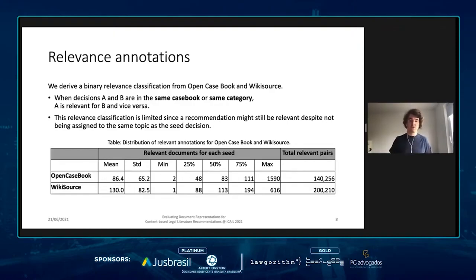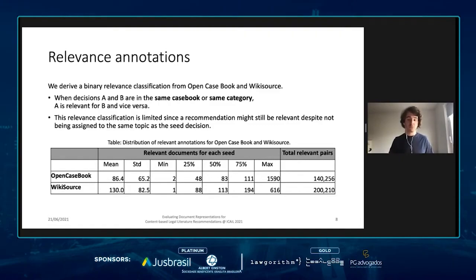This relevance definition is, of course, limited. For example, one recommendation still might be relevant despite not being in the same casebook or category. That's why we rather refer to these datasets as silver standards instead of gold standards. However, the advantage is that this approach produces a large number of relevance annotations.